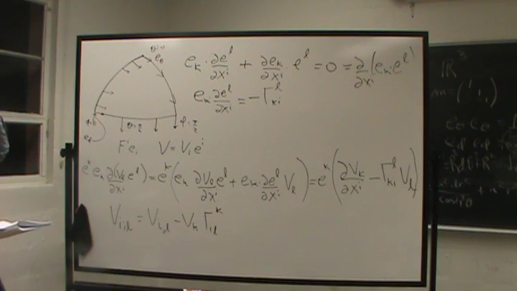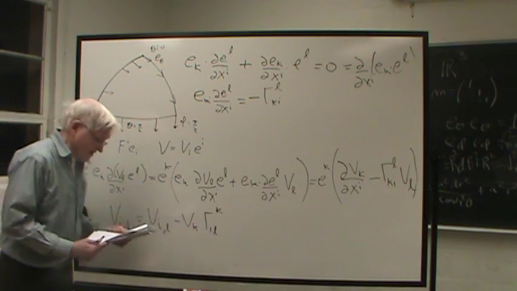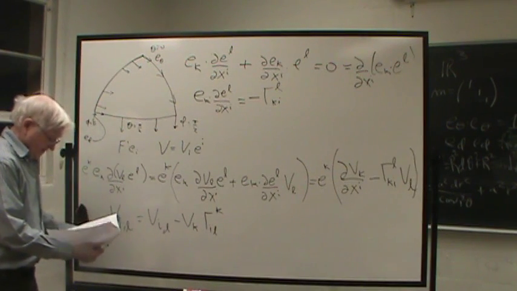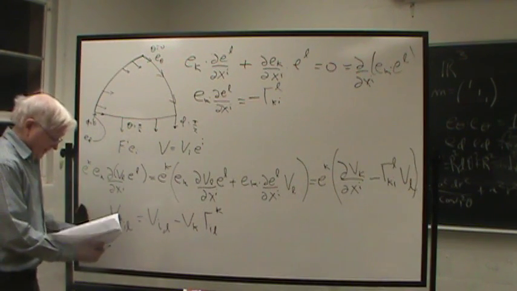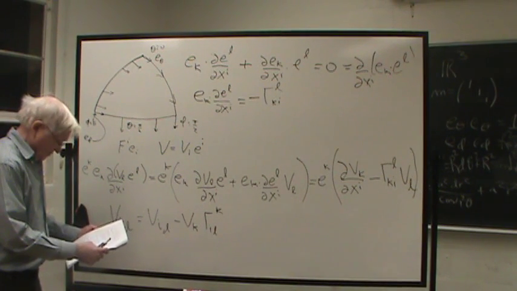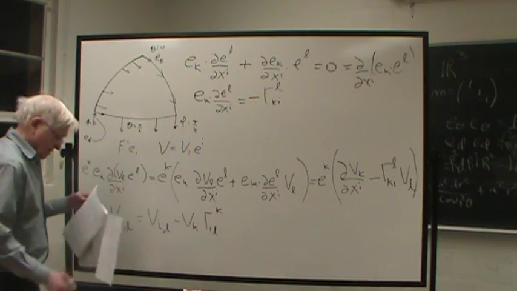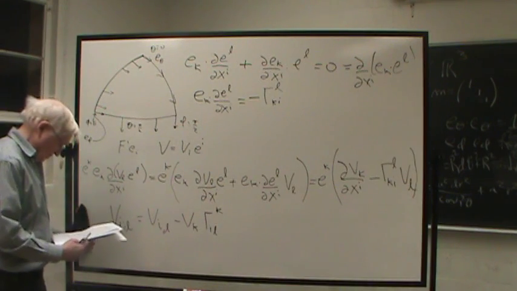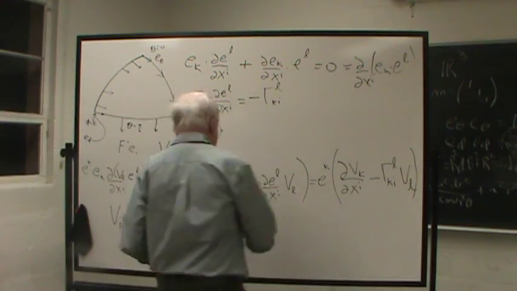Okay, so the difference is essentially this. Let me flip back to what the ordinary covariant derivative is, although it's actually just on the previous page, if I'm not mistaken. Yes.